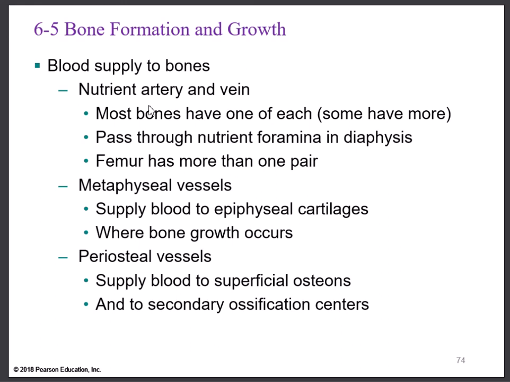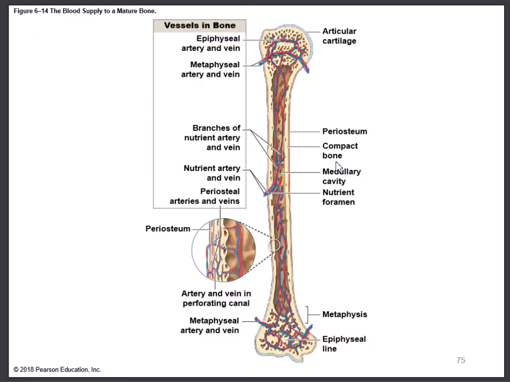Most bones have one nutrient artery. It goes through a little hole in the bone. Remember that a foramen is a hole. We call that hole the nutrient foramina or the nutrient foramen. A big bone such as the femur is going to have more than one nutrient foramen just because it's so large.